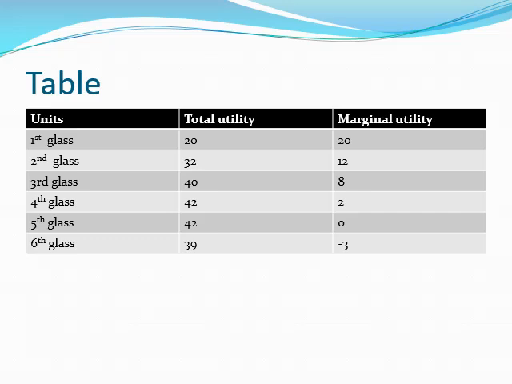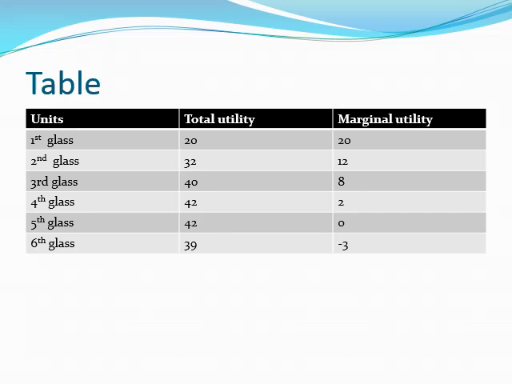So the consumer consumes the first glass of water, that gives him total utility equal 20 utils, and marginal utility equal 20 utils. At first glass total utility equals marginal utility.